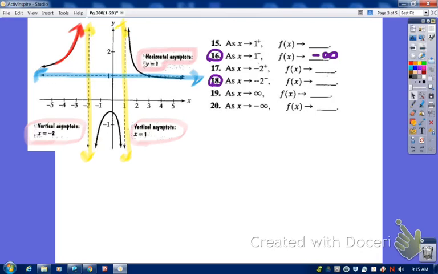This piece is approaching negative 2 from the left, and this one is approaching negative 2 from the right. This piece is on the right-hand side, and this piece is on the left-hand side. So that arrow is pointing straight up, so the f of x values are approaching positive infinity.